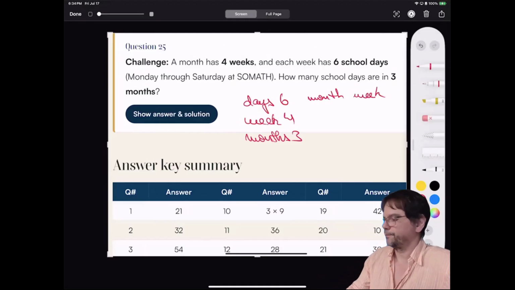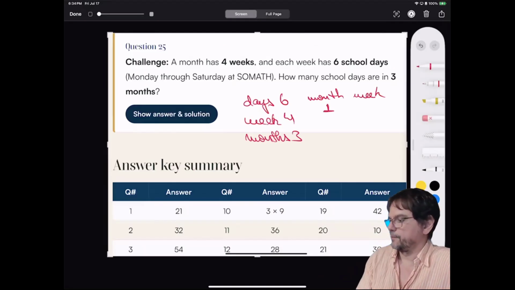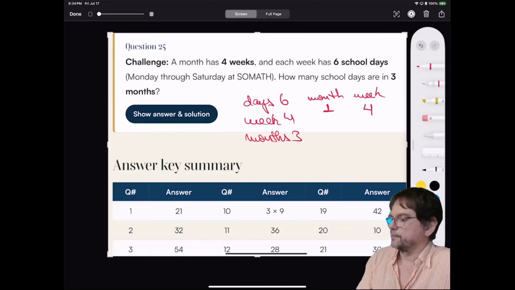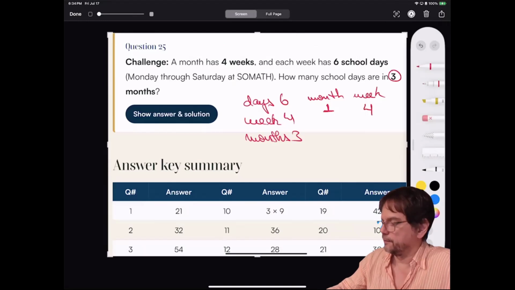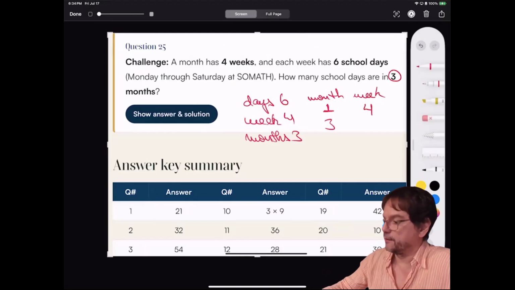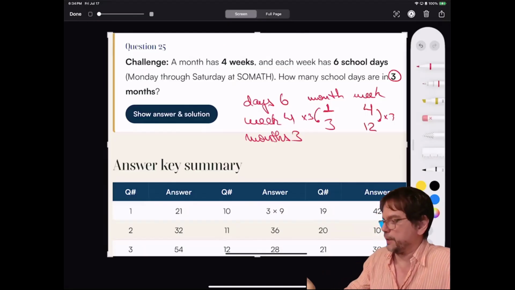Okay. 1 month is how many weeks? Yes. 1 month, but I have 3 months. Yes, perfect. Because here I multiply by 3, so here I multiply by 3. Do you agree? So it'll be 12 weeks. Perfect.